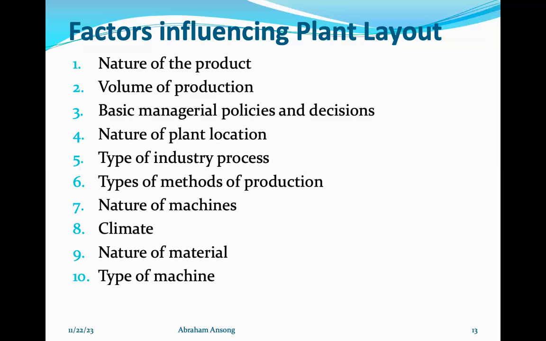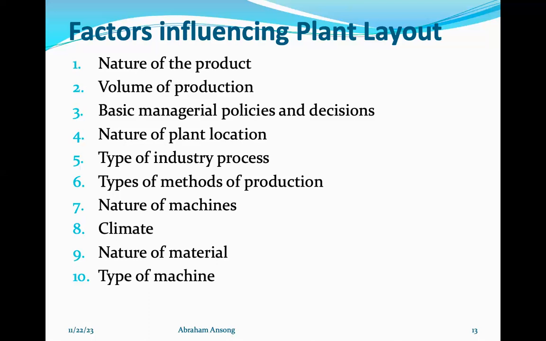Then we have the climate. Okay. So sometimes the temperature, illumination, and air are the deciding factors in the location of machines and their establishment. All right. So the climate within which you are operating can also influence the way you should arrange your machines. All right. The nature of material that you are using and the type of machines involved.